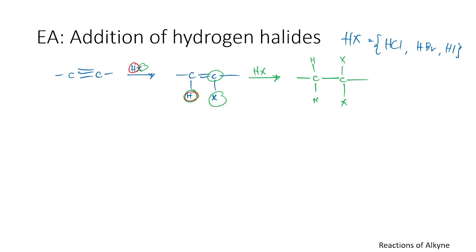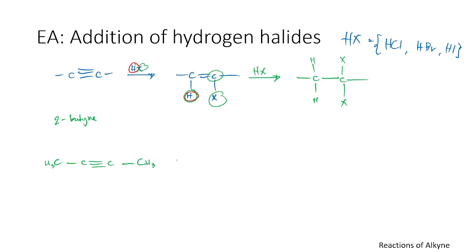So for example, let's use propyne. Actually, never mind, let's use 2-butyne. By 2-butyne, we have 4 carbon atoms, with a triple bond at the second carbon, and CH3 on both ends.